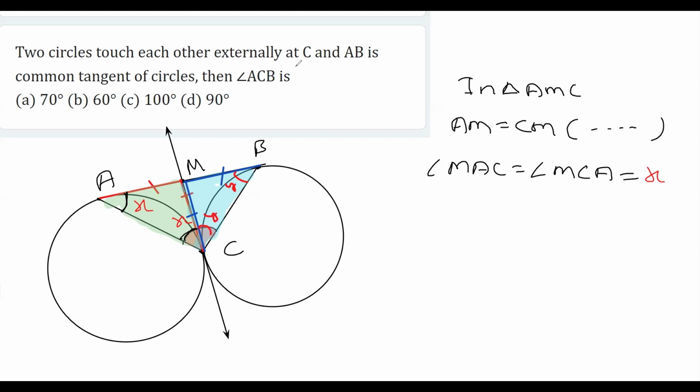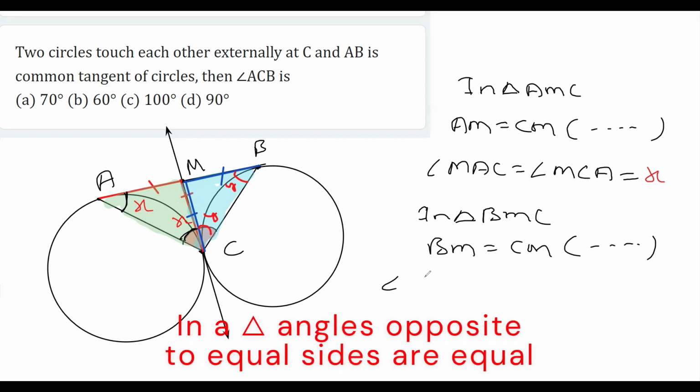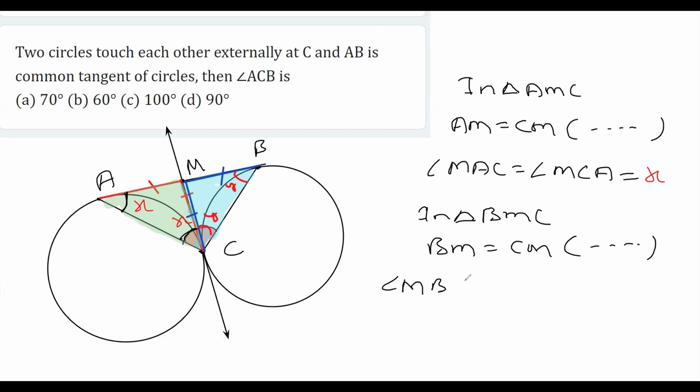I took it as Y. So like the previous case, here also we have to write down, that in triangle BMC, we have BM equal to CM, and the reason is tangents from the same exterior point. Same way, using this same property, I can say that angles opposite to equal sides are equal. That is angle MBC should be equal to angle MCB, and I took this angle as Y.